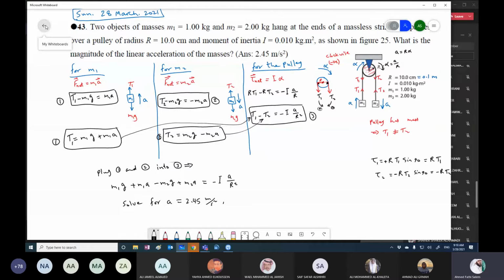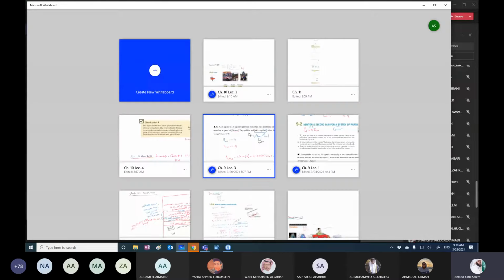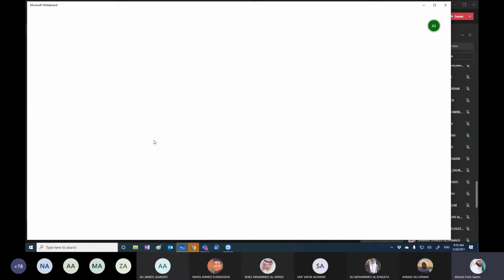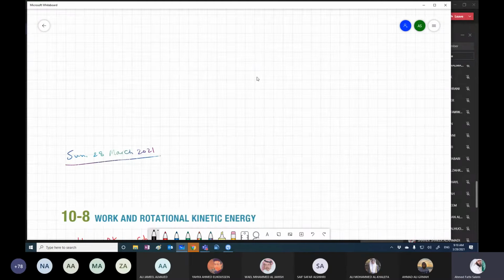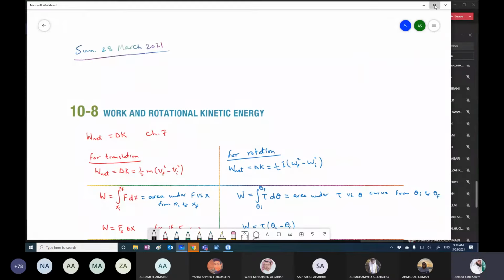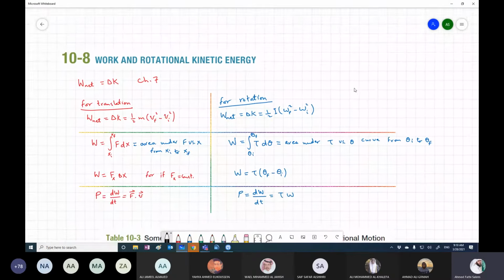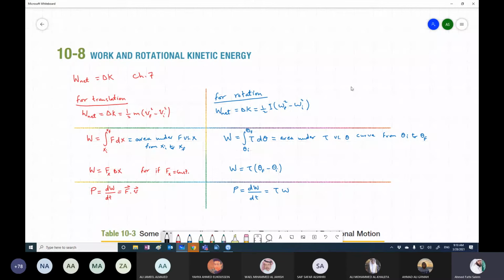Let us proceed to the next topic, which is about work. We move on to chapter 7 and chapter 8. In chapter 7 we said that the work net equals delta K. So for translational motion, work net equals 1/2 mv final square minus v initial square.